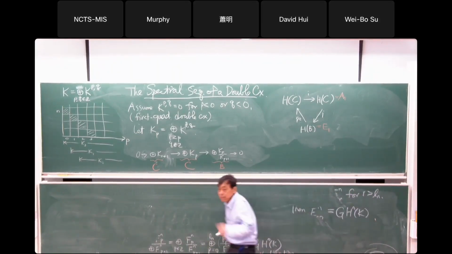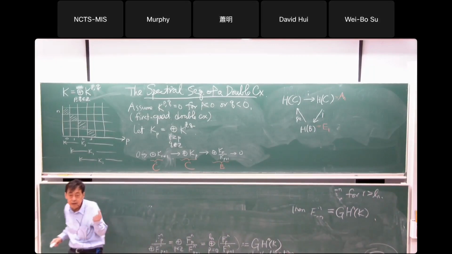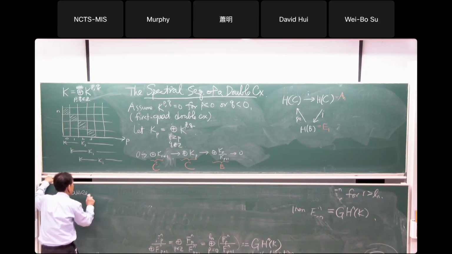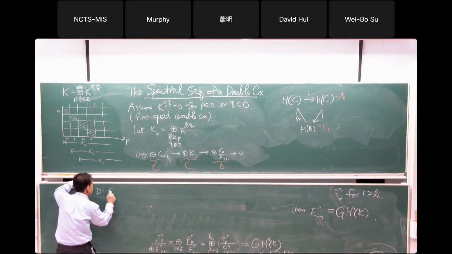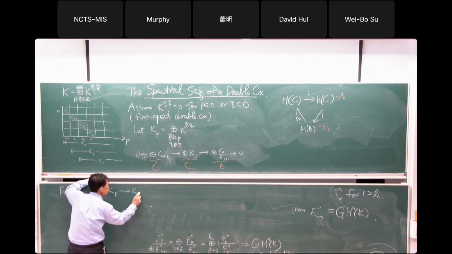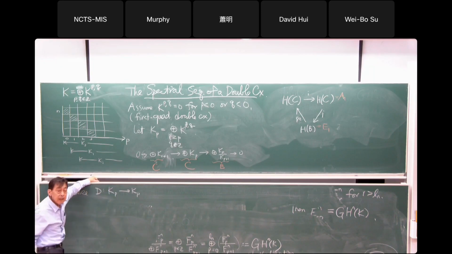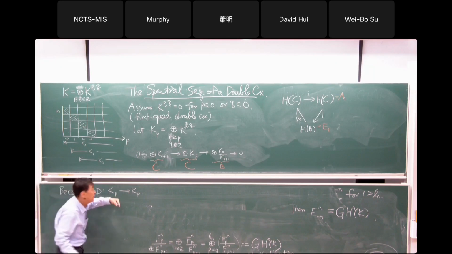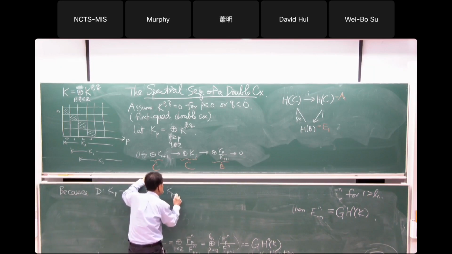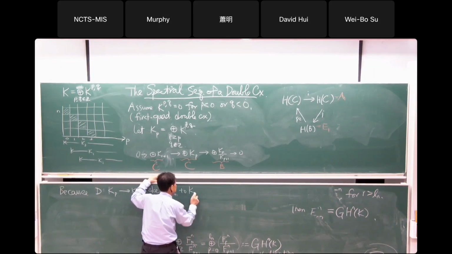Because a filtration is a sequence of subcomplexes, D will take Kp to Kp. And because Kp plus 1 is also a subcomplex, this D takes Kp plus 1 to Kp plus 1.